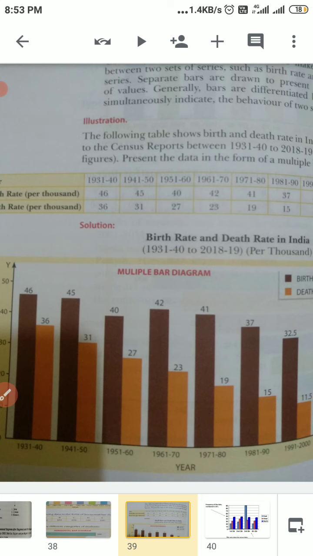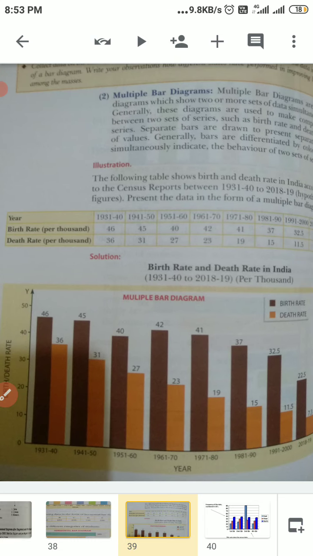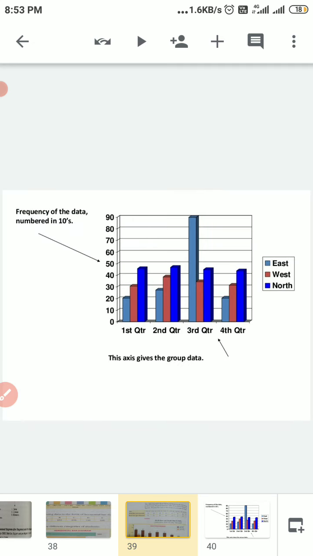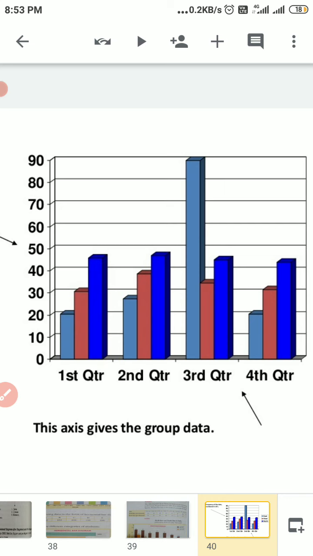But for one kind of data we have to show the same width. Now in another diagram you can see three sets of data, because the bars have been shown with three different colors, so you can easily recognize the multiple bar diagram.